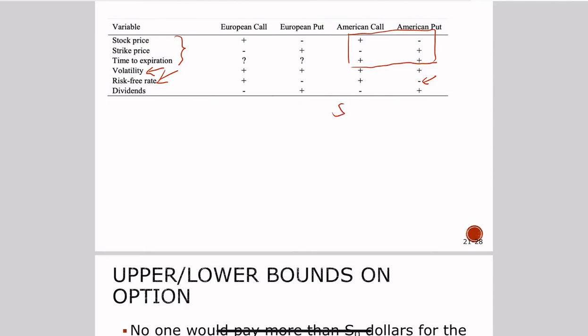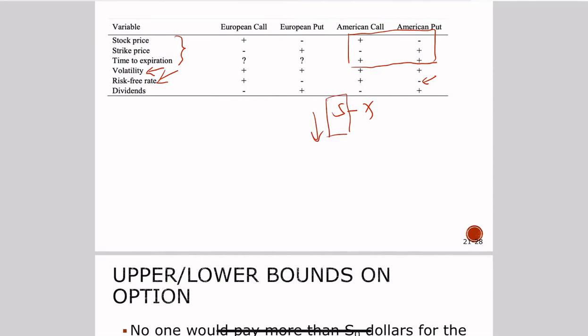So the intrinsic value for a call is stock price minus X, the exercise price. A general result in finance is if a firm pays out a dividend, then its share price will decrease. Theoretically, if the firm pays out a $2 dividend, then its share price should decrease by $2. So this implies if there is a dividend, then the share price would be lower.